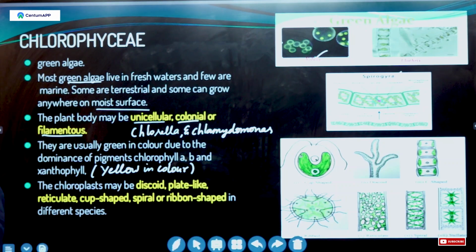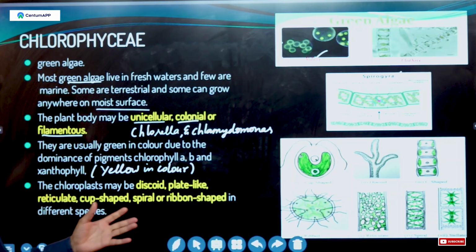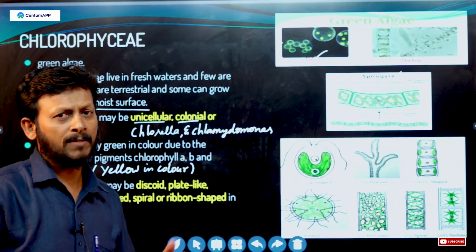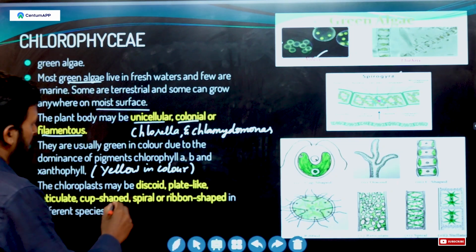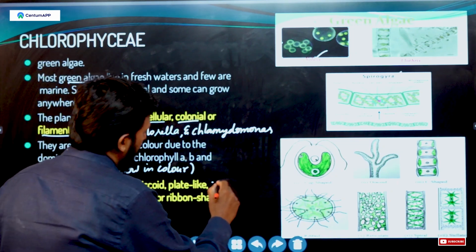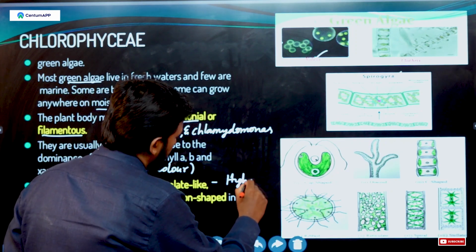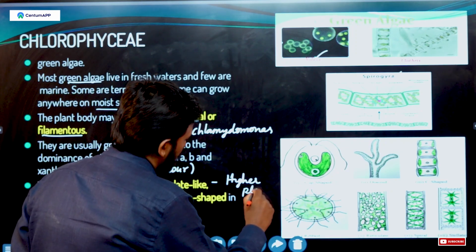In the chloroplast, the shape may differ from plants, such as discoid and plate-like, which are found in higher plants as well as some algae.